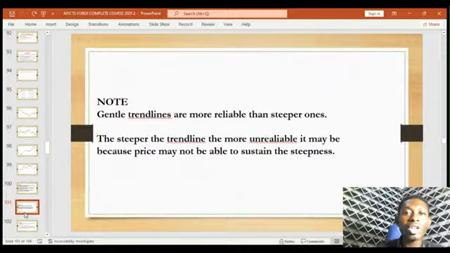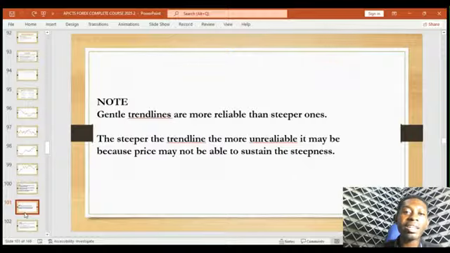Gentle trend lines are more reliable than steeper ones.